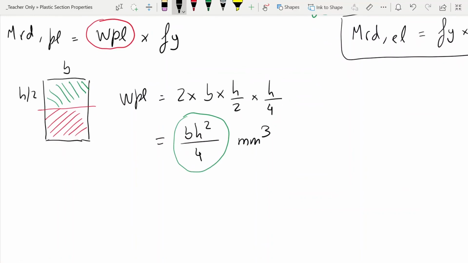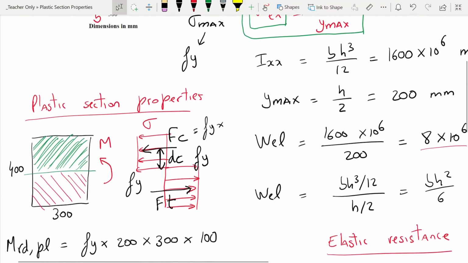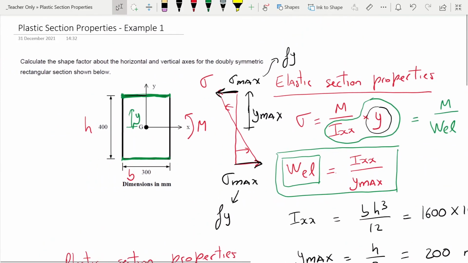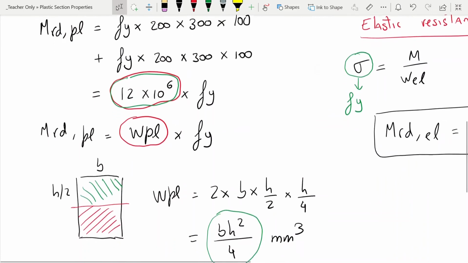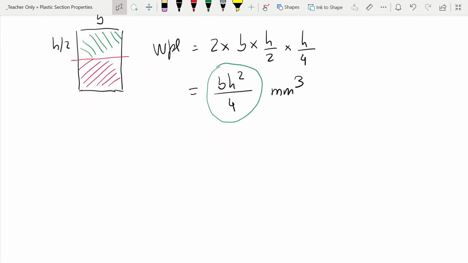What this question actually asks is something that is called the shape factor. So the shape factor about the horizontal and vertical axis. So I'm just going to do the horizontal because the vertical is basically the same. But the shape factor of a section is nothing more than the resistance of the plastic section divided by the elastic section.